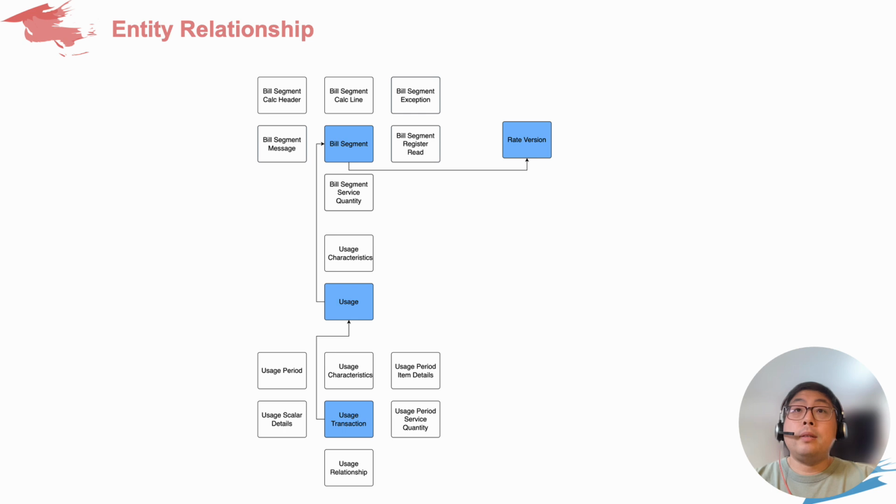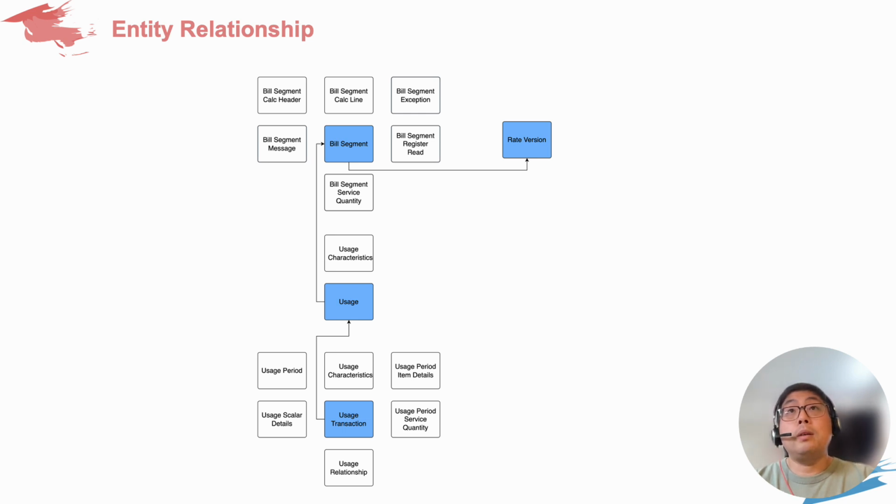On the MDM side, the usage transaction is created, generated with all the details, for example, the usage period, usage scalar details, service quantity, and they will be sent back to the usage. By that time, remember, the algorithm for calculate bill segment is now triggered.